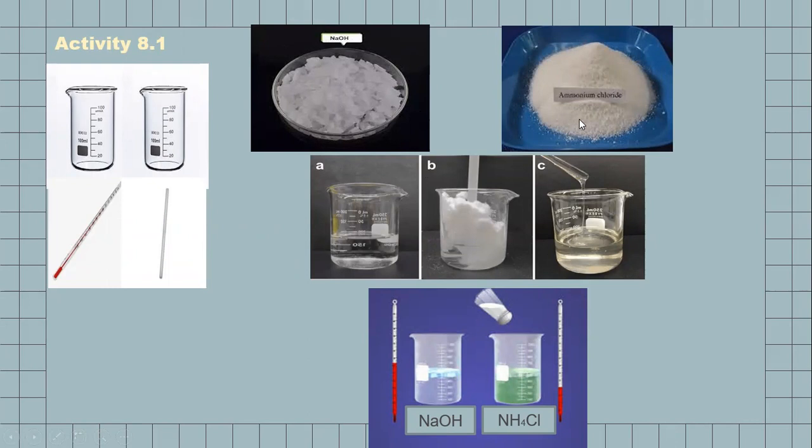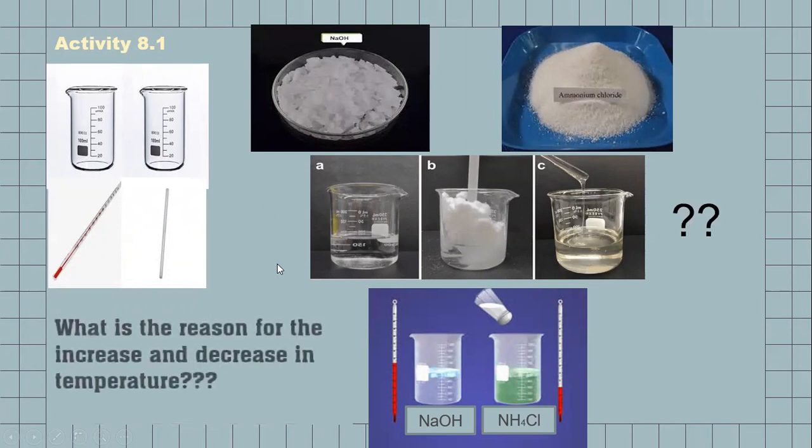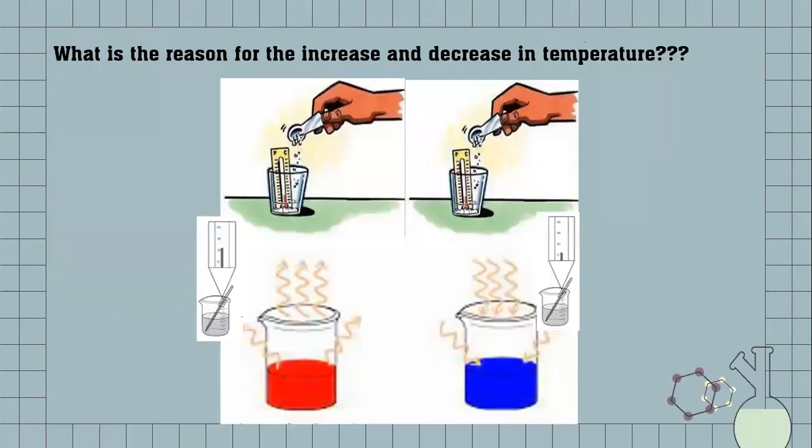If you do this experiment in your laboratory, you can see when you add sodium hydroxide, the temperature increases. But when you add ammonium chloride into this water, you can see the temperature decreases. So, what is the reason for the increase and decrease in temperature? Let's see.